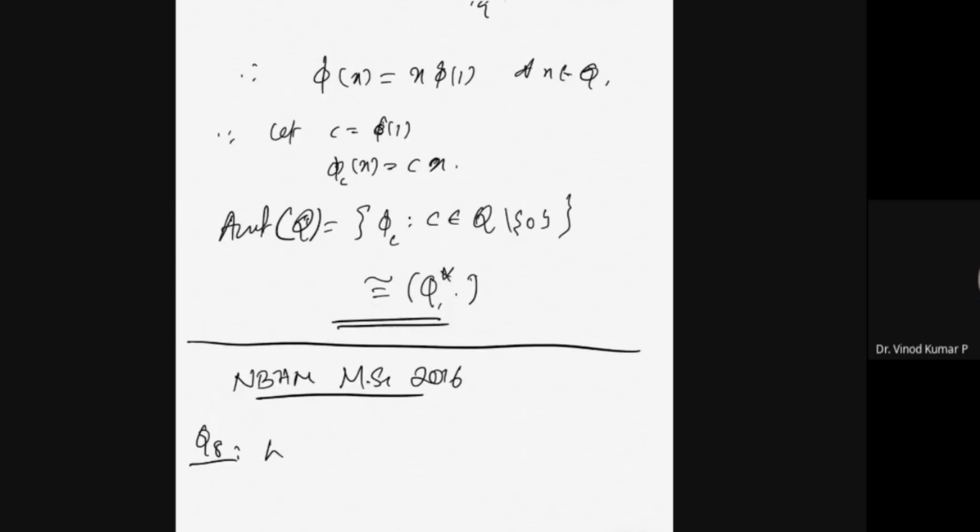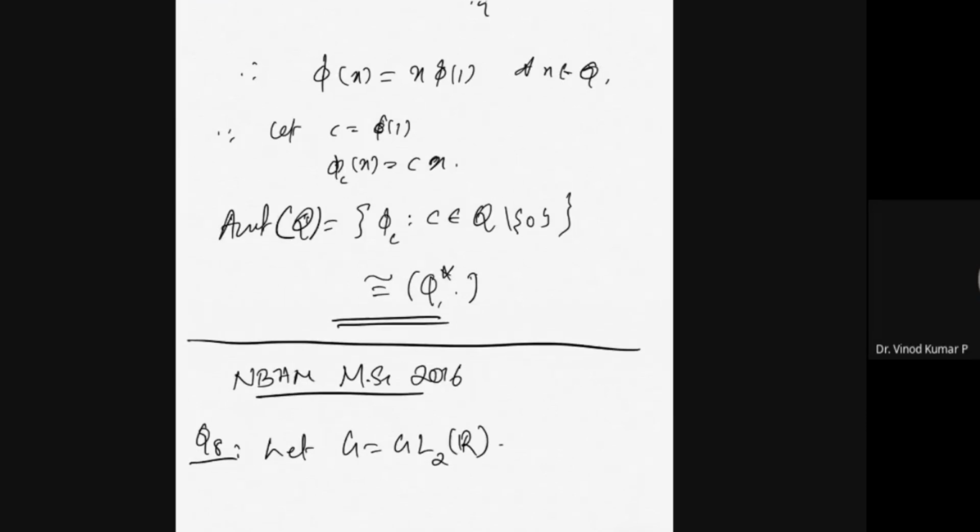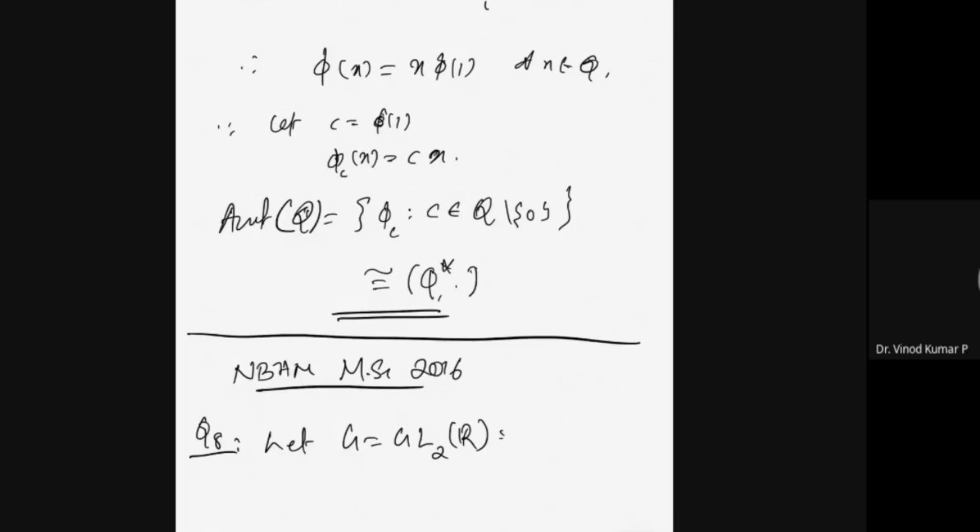So let G be equal to GL2 of R. This is basically the set of all 2 by 2 invertible matrices with real entries.